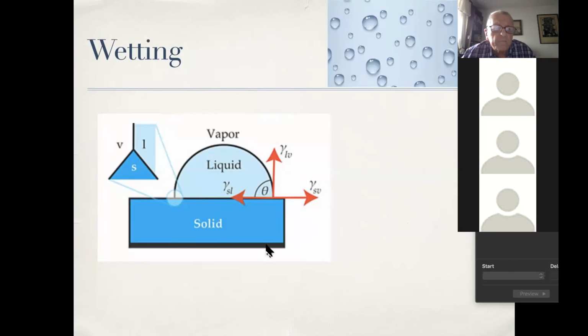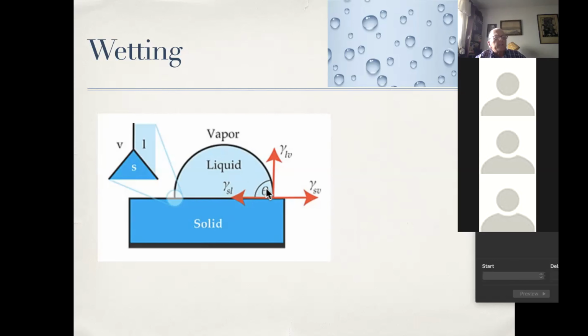Let's focus our attention on what is happening at the edge of that drop. At the edge of that drop, we have three surface tensions which play the role.